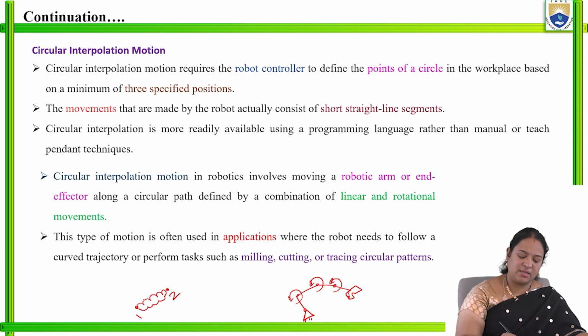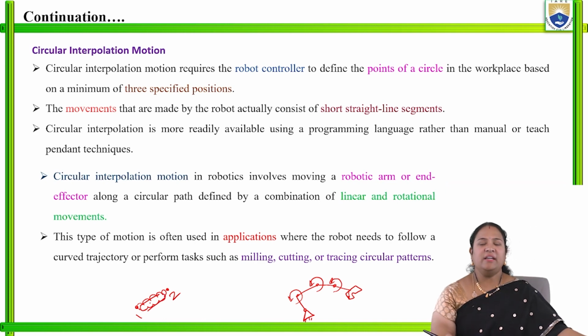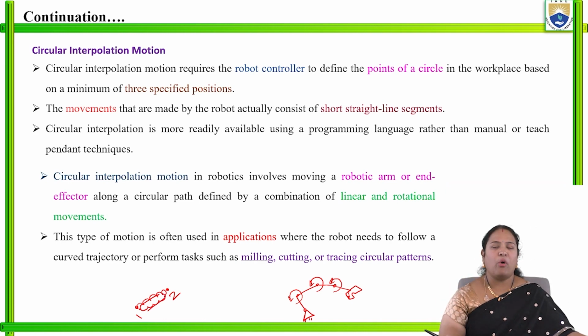It requires some n number of points of the circle within the workplace to minimize the time constraint, right? The movements made by the robot actually consist of short straight line segments.